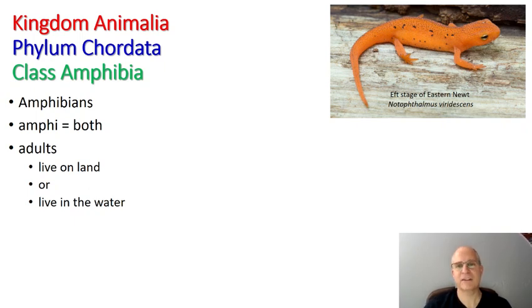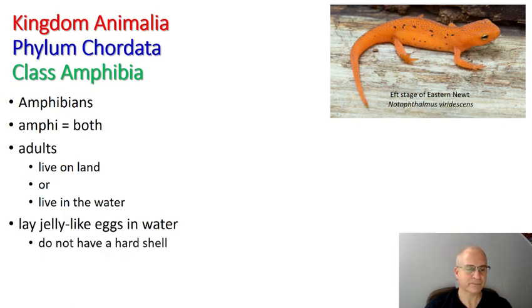Some of them live only on the land, some of them live in the land and the water, but they're called both because the adults, when they reproduce, have to reproduce in the water. So even the totally terrestrial ones that live on land, like the toads, still have to go back to the water to reproduce. So that's amphi, meaning they live on both land and water.